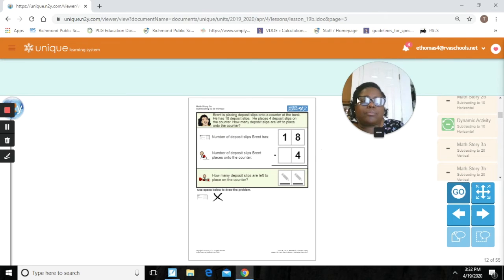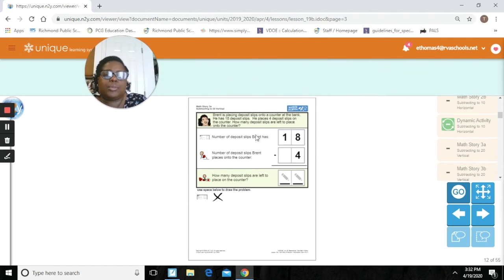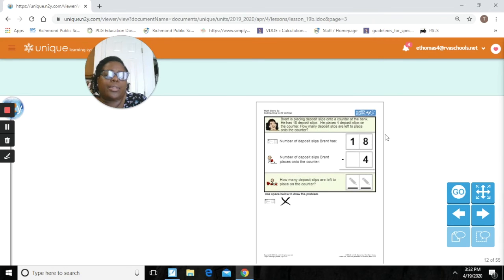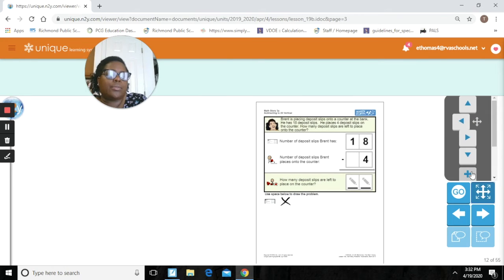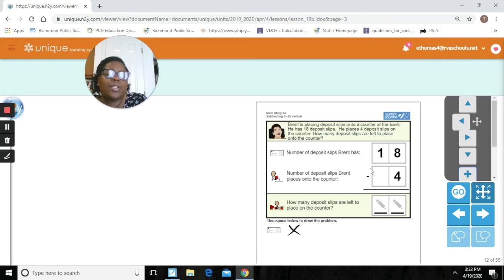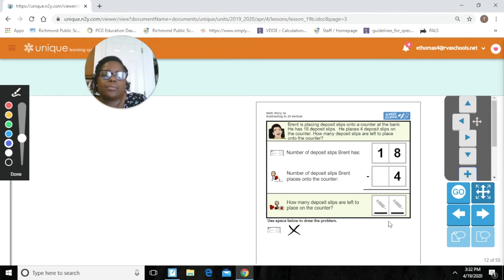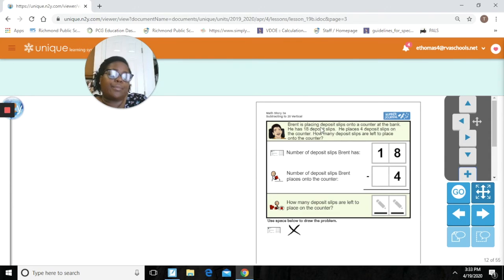Okay. Let me move over a little bit here, make our page a little bit bigger so you can see. So whenever we subtract, what does that mean? It means we're going to be doing what? Taking items away, okay?